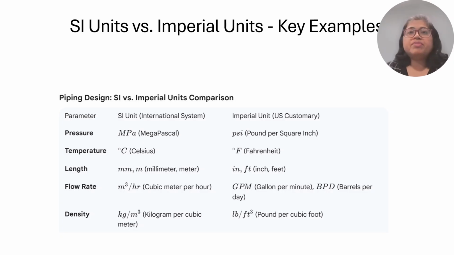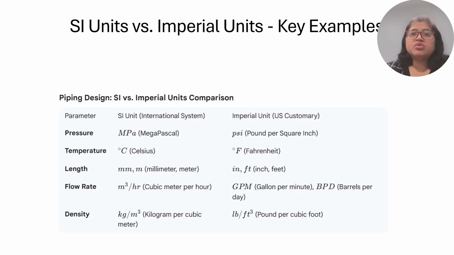Globally, we primarily operate with two major systems: the SI unit, International System of Units, and the Imperial System, which is also called US Customary Units. SI is widely adopted, especially in new projects and international collaborations, while Imperial units are still prevalent in certain regions, particularly in North America.